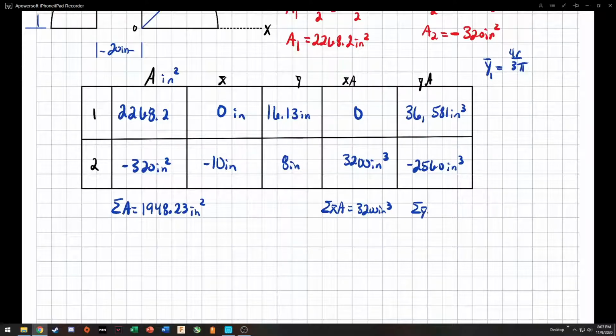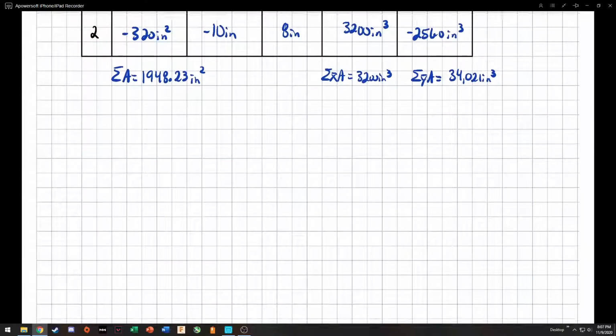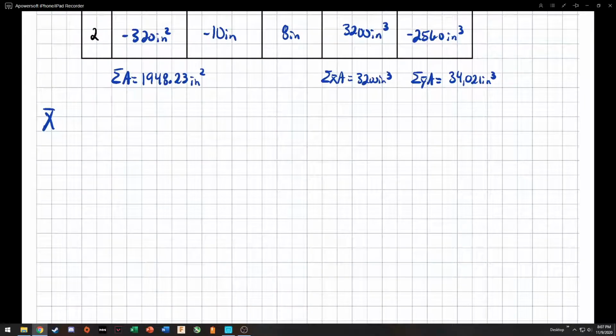Taking our sum of our y bars times our area, we get 34,021 cubic inches. Now we have to take our main equation, which is our global x bar times the sum of our areas is equal to the sum of our little x bar times our area. Same thing for our y bar: the global y bar times the sum of the areas is equal to the sum of our little y bar times our area.